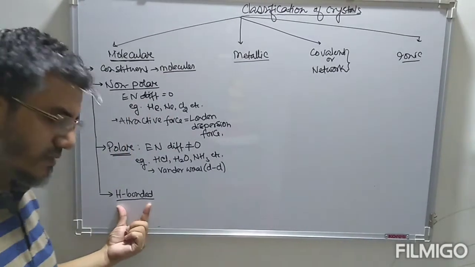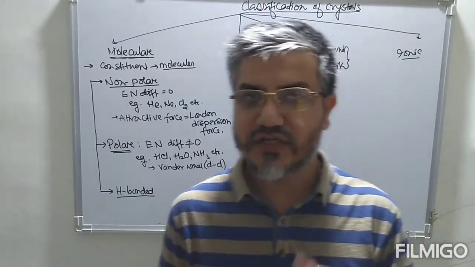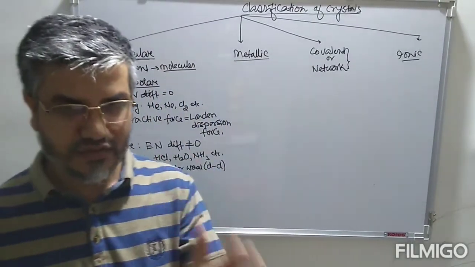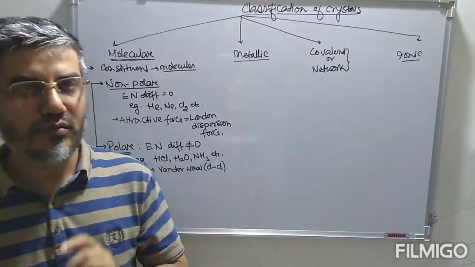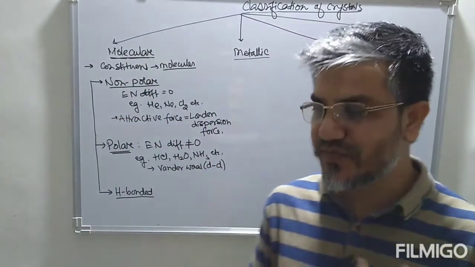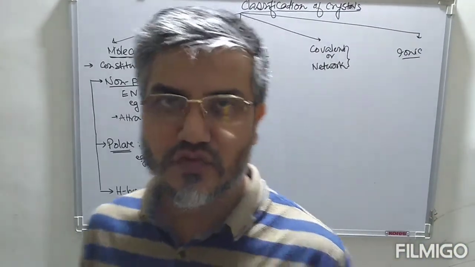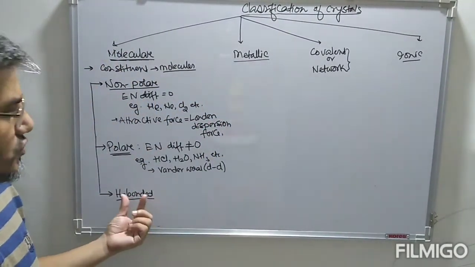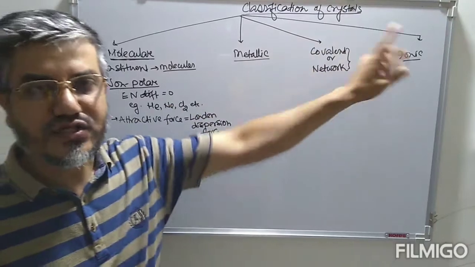Now as the word suggests, hydrogen bonded, that means the molecule must have hydrogen which is covalently bonded to a strongly electronegative atom like nitrogen, fluorine or oxygen, and this hydrogen which is covalently bonded to an electronegative atom is involved in a specific bond which is known as hydrogen bond, and the attractive force between the molecules of these crystals is through hydrogen bond. So these molecules are known as hydrogen bonded molecular crystalline solids.